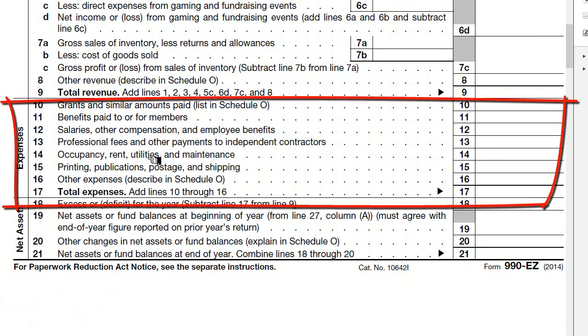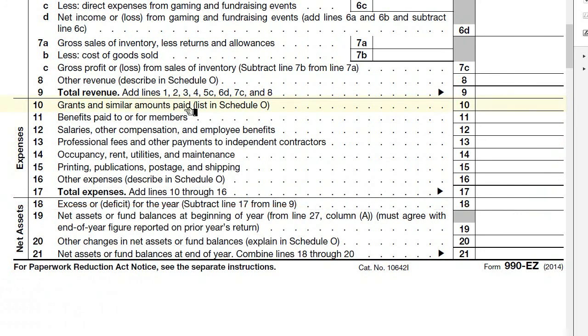Okay, so let's get started with line 10, grants and similar amounts paid. There is a requirement that some of these need to be listed in Schedule O. So what you put on line 10 would be grants paid to other organizations or to individuals. If you're making a grant to another nonprofit organization, for instance, to help them with their program, which might be similar to yours, that would go there.